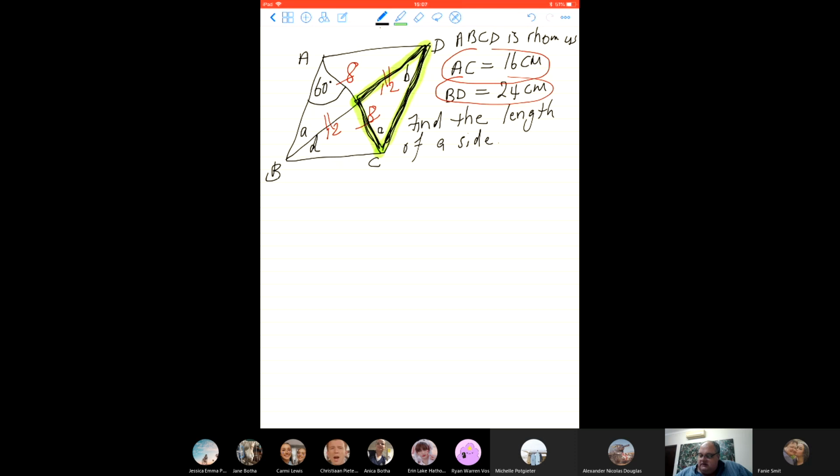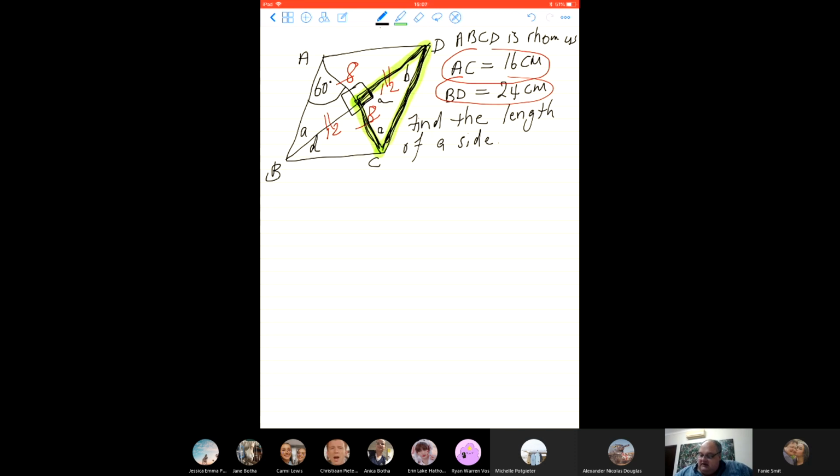Because a characteristic of a rhombus is that the diagonals bisect, but they bisect at a 90-degree angle. And then it means that in this triangle over here, you can use Pythagoras to find the value of DC. All of this would be impossible if you didn't know what a rhombus was. That's why you need to learn it. If you don't learn it, you won't be able to do the questions.